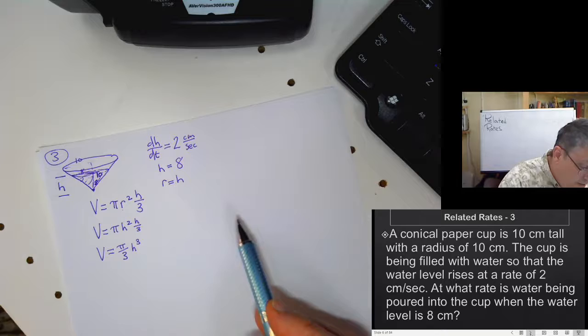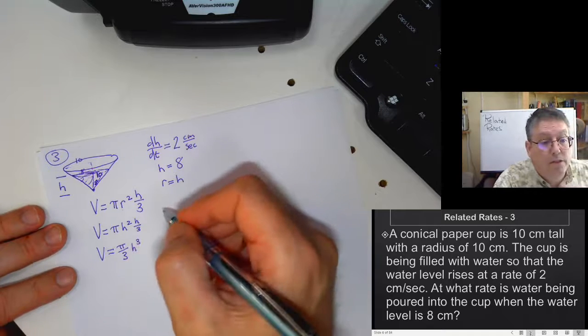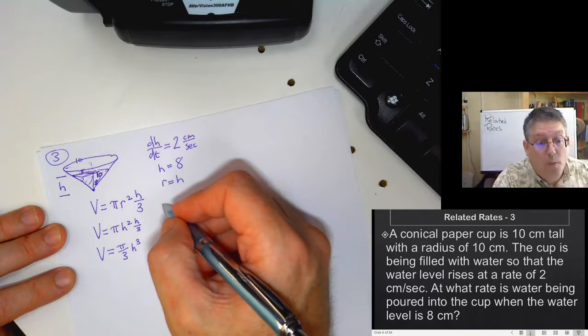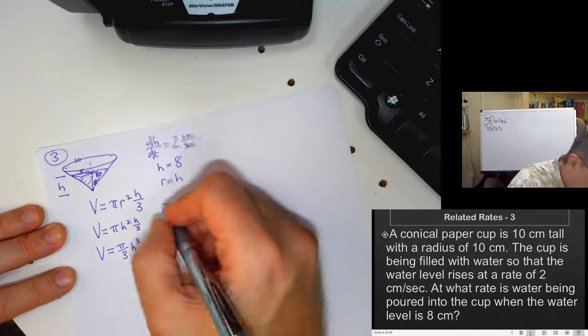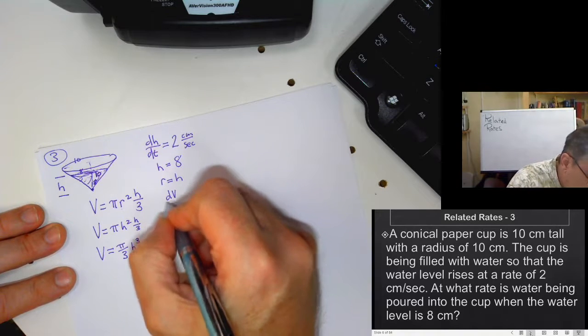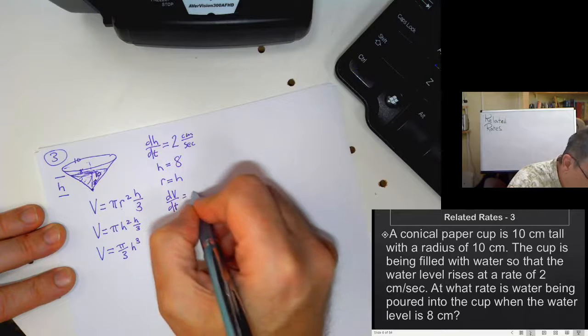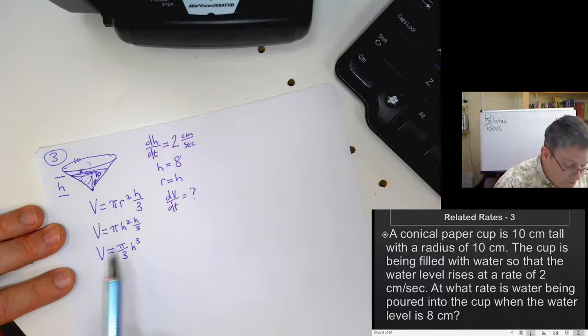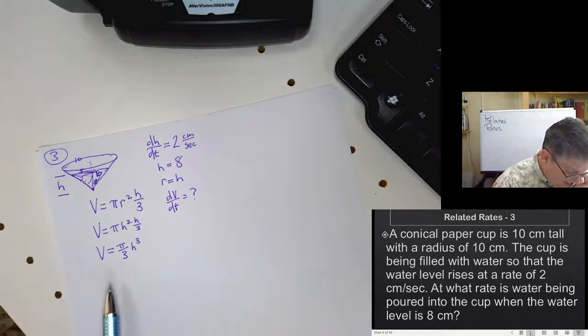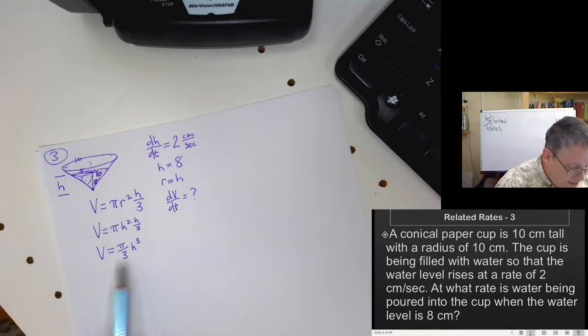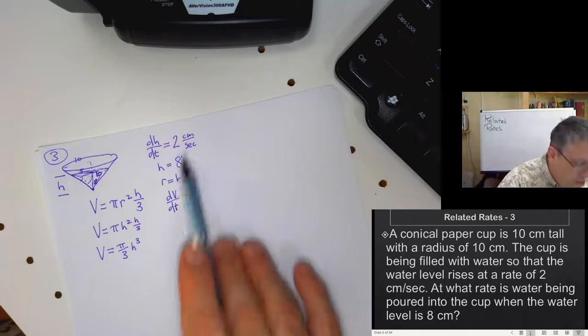Because what we're trying to find is the change in volume, right? At what rate is water being poured in? That's just another way of saying what's the rate of change of the volume over time. So now we have boiled this down into an equation that relates the height of the water to the volume, and we know the change in height.